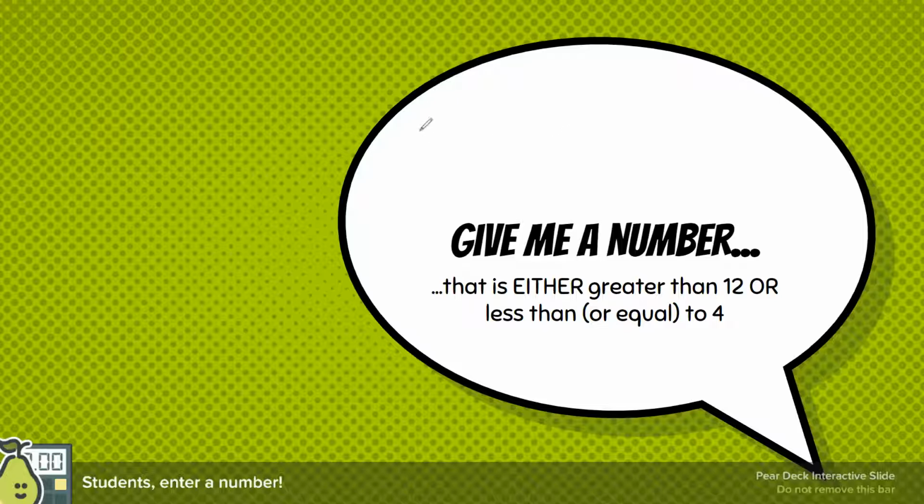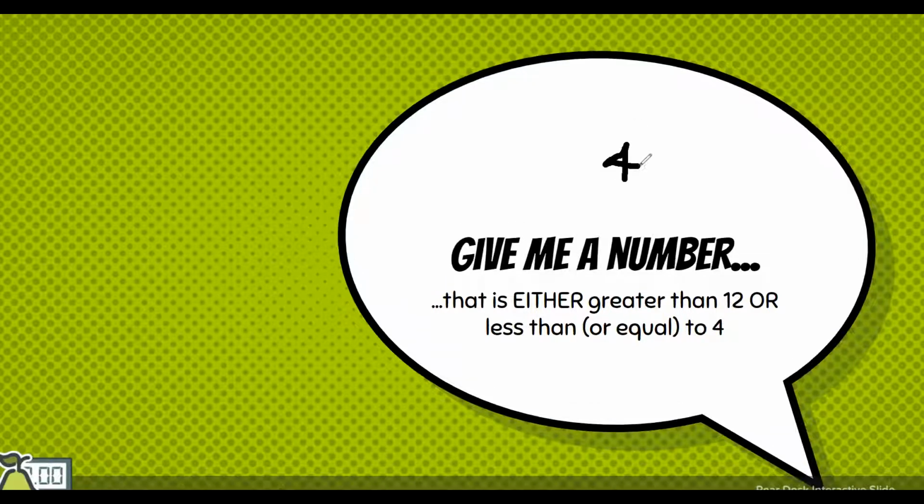All right, if you picked a number that was less than or equal to 4, the highest number you could have picked was 4, right? Because we have this or equal, it means that 4 totally could work for this, but also all the numbers that are less than 4. So your 3, your 2, your 1, 0, -1, and all the fractions that are less than 4 as well.